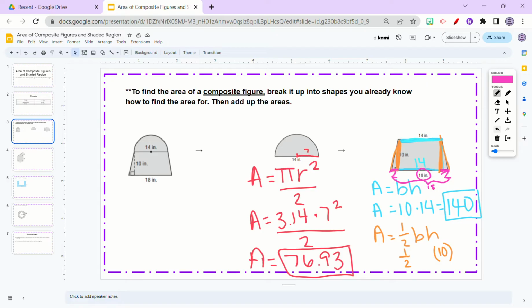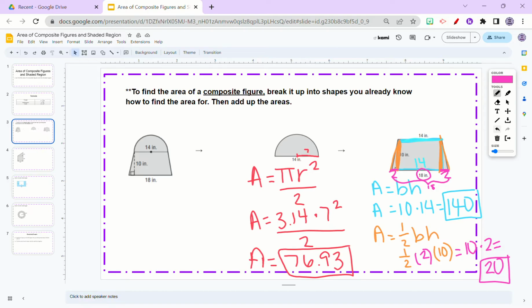So each base of the triangle is 2. Half of 2 is 1, times 10 is 10. That's each triangle. There are 2 triangles, so I multiply this by 2 to get 20. So the area of both of those triangles together is 20.